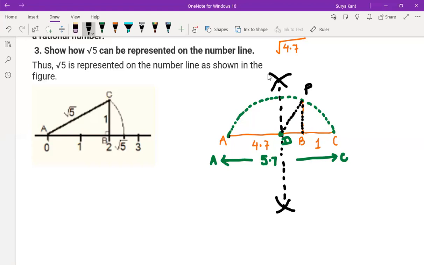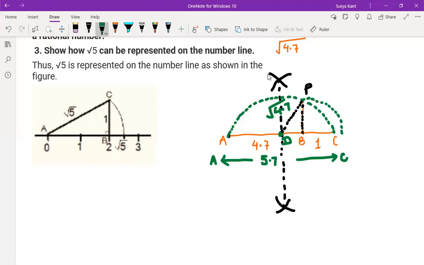Again, this is nothing but root of 4.7. How this will come, you know? By taking the perpendicular and hypotenuse, it will come root of 4.7. Then with the help of this arc, you have to put one line here.